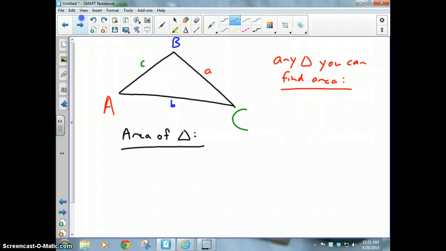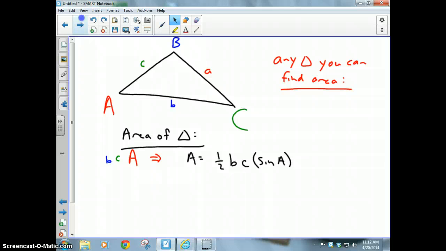Let's say you're told little b and little c and angle A. If you're told those three pieces of information, then the area of the triangle would be 1/2 little b times little c times sine of angle A.